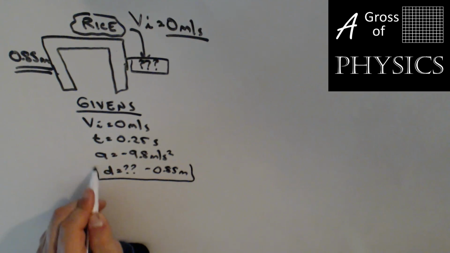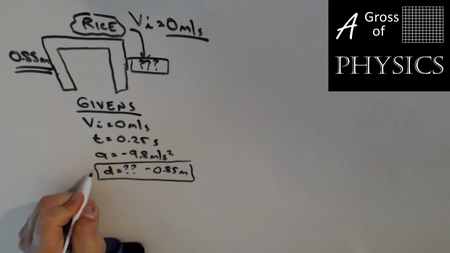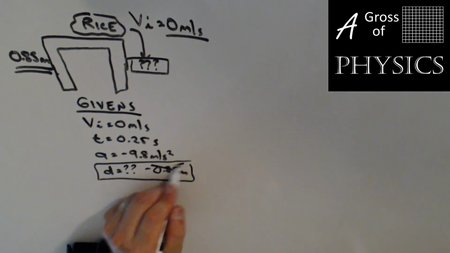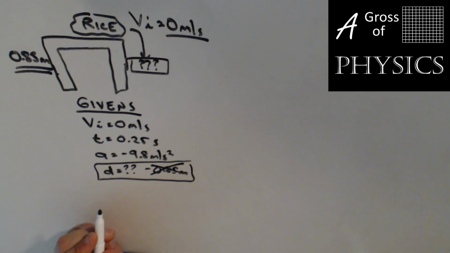So right here, we have an extra variable that's not needed for the problem. And sometimes problems will have extra information that you don't need to solve a particular part. Some problems have multiple steps, so you're looking for solving many different variables. And in this case, the 0.85 is extraneous.